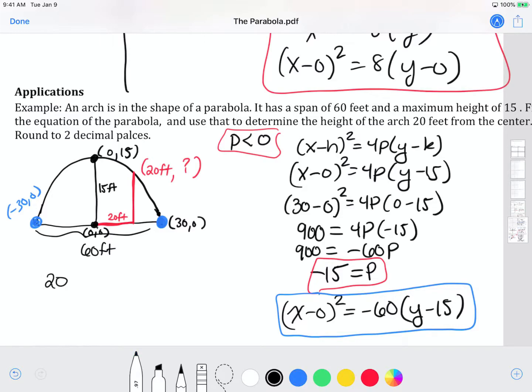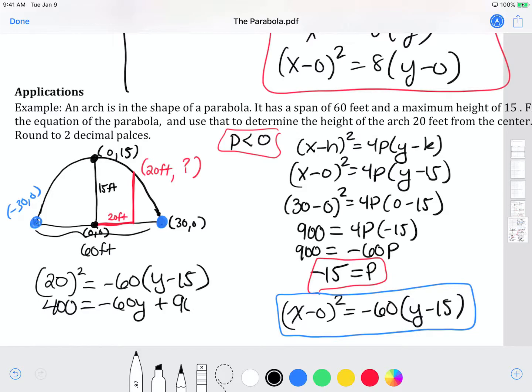So when I put in 20, I can figure out what my value of y is. 20 squared is 400. I have negative 60y plus, and then negative 60 times negative 15 is going to give me 900. I'm going to subtract 900 from both sides, so that gives me negative 500 is equal to negative 60y.